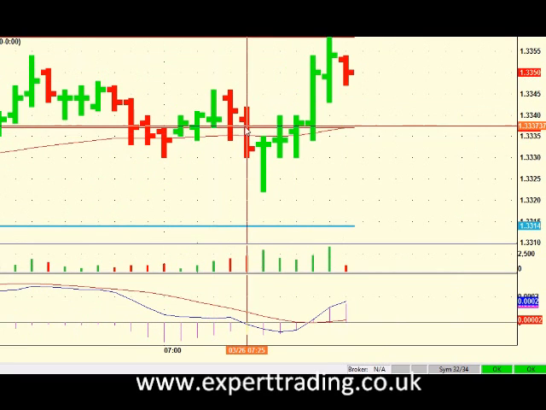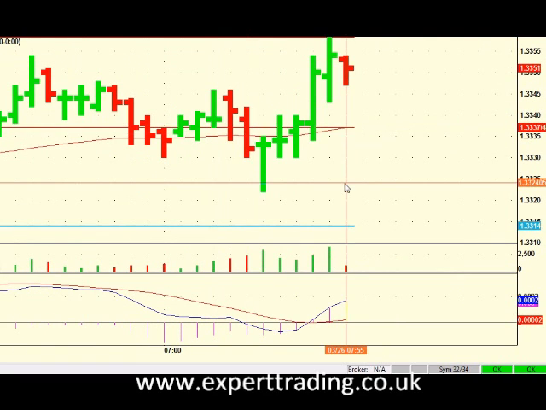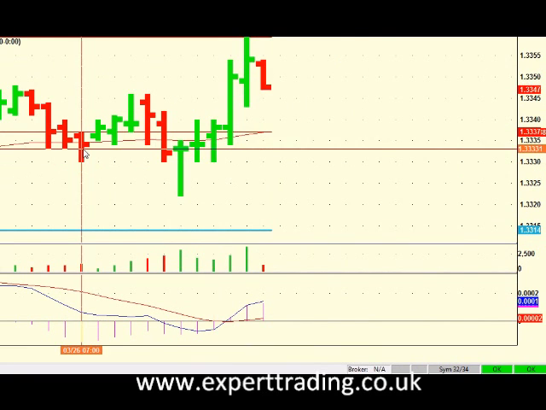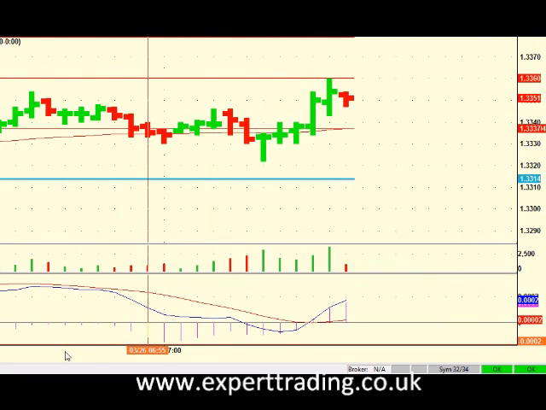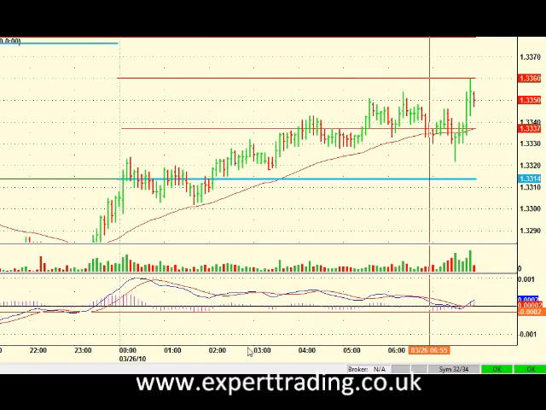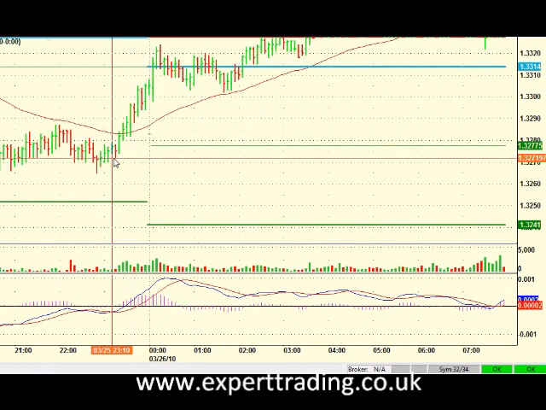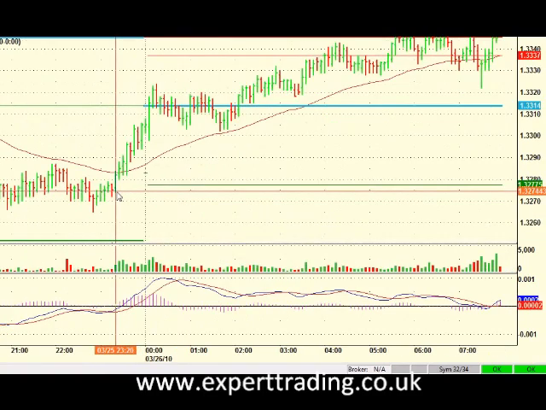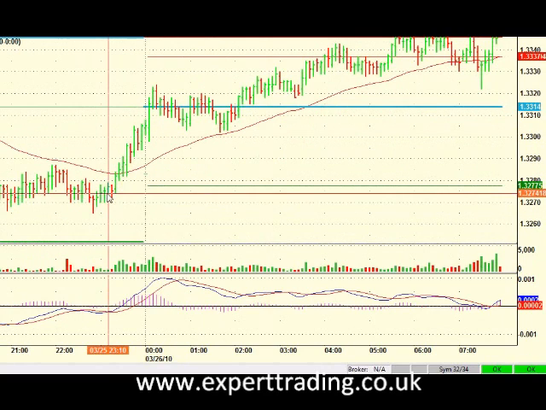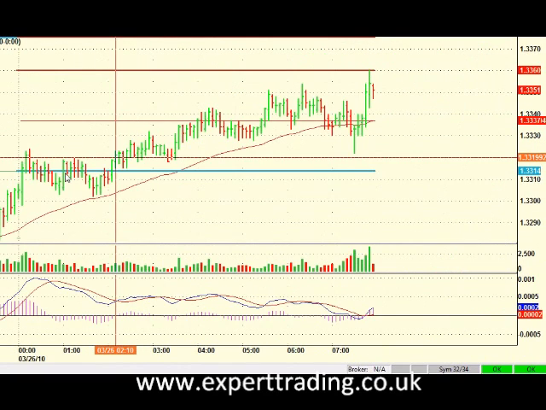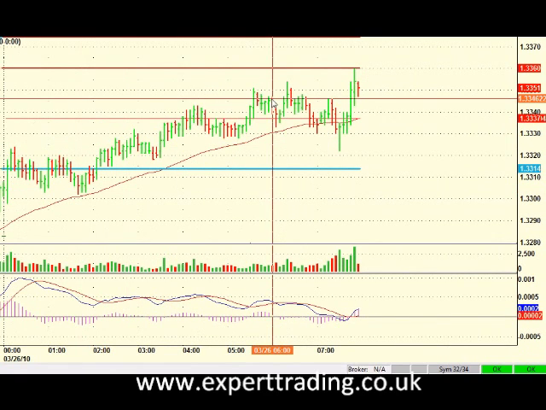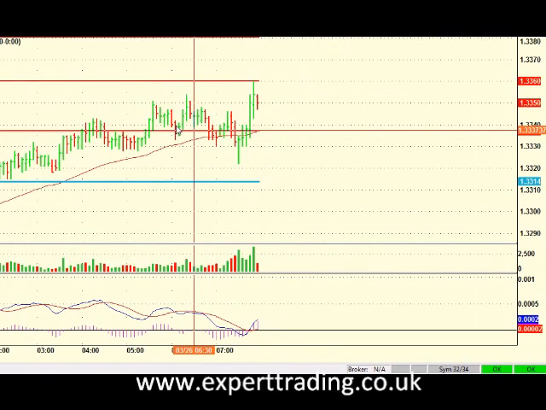So, I mean, why did this happen? It's just one of those trades. Some you win, some you lose. Hopefully most you win. And let's have a look here at what happened. So, at midnight, on the Financial Times, or just before midnight, there was an announcement in the news that the Eurozone won't let Greece fail, won't let the Greeks default, and price really went up, broke through the pivot here, and when the price breaks through the pivot upwards, there is a very good chance that it's going to reach R1.